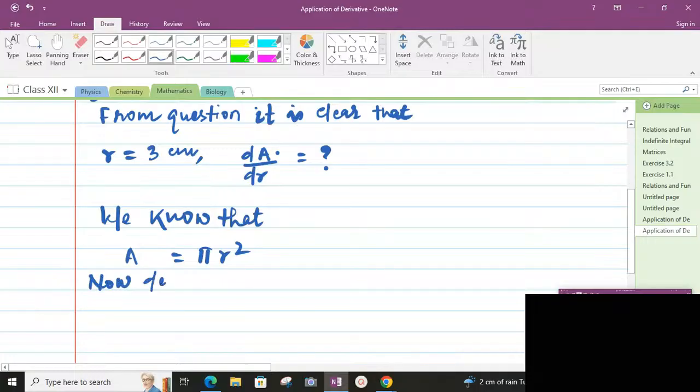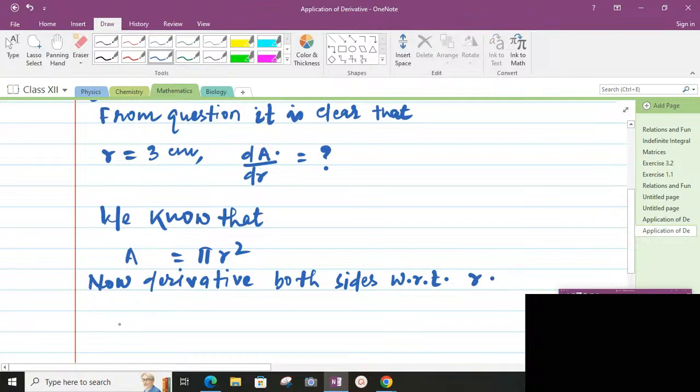Now differentiate both sides with respect to r. In the left hand side we have dA by dr equal to 2 pi r.